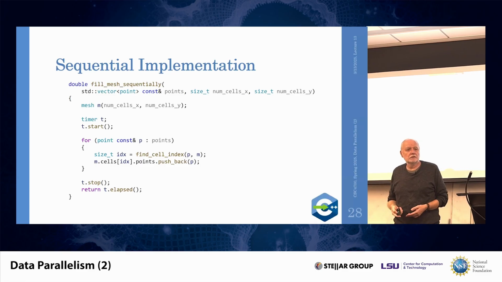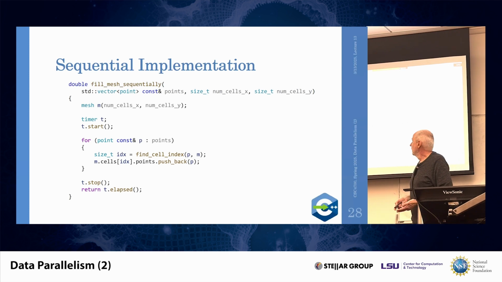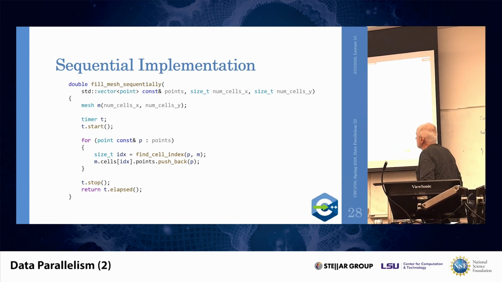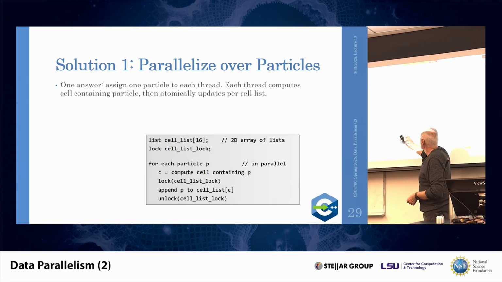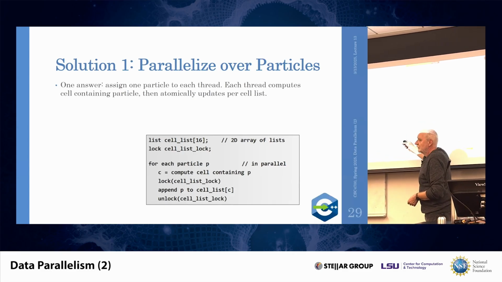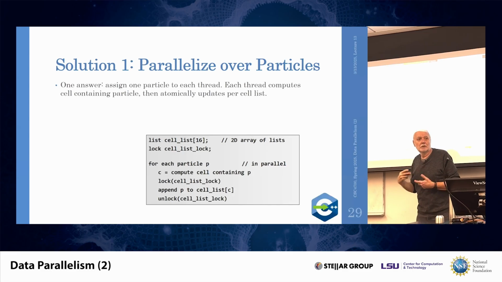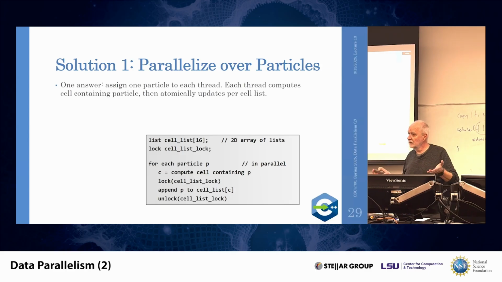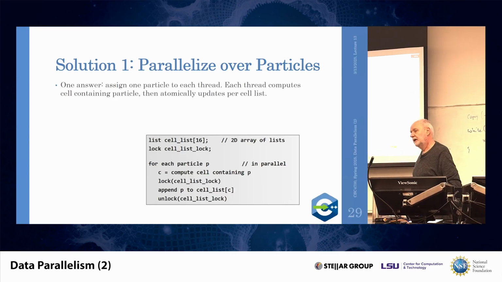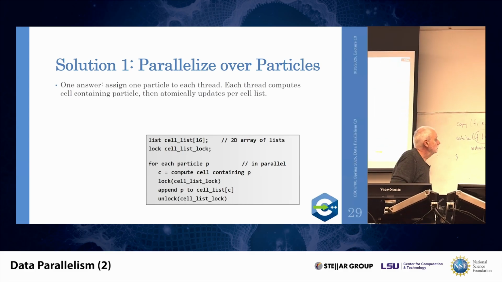Let's use a std for each, just to show, we have a loop which we run in parallel. We compute the cell containing, we lock this cell, we append P to the current cell, and then we unlock it, because we have to take care of race conditions. Right? We have many threads doing the same thing, possibly appending points to the same cell, so we have to protect things from multi-threading issues.